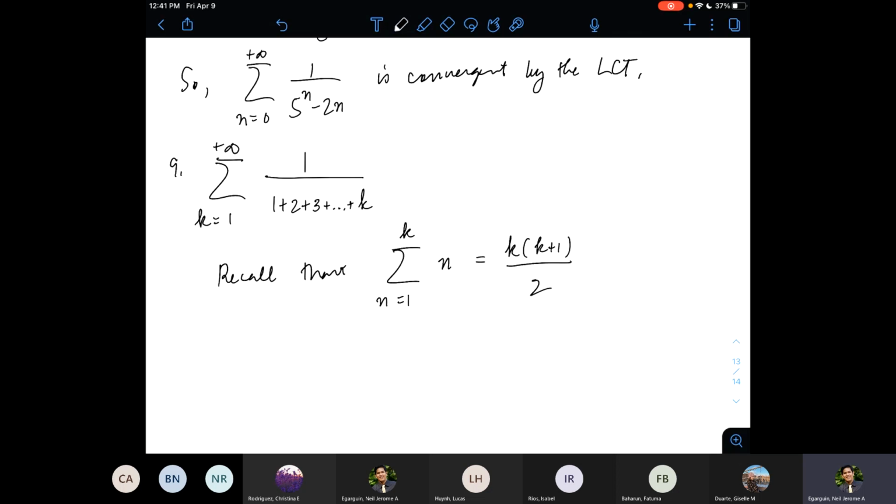All right, so this is a formula, I guess, that was given in the previous worksheet when you tried to look at the partial sums. So the sum of the first k integers is k times k plus 1 all over 2.